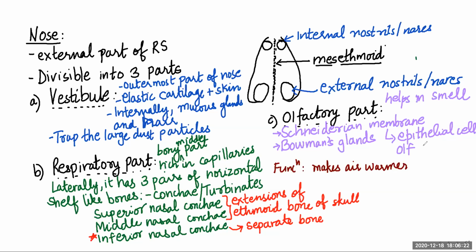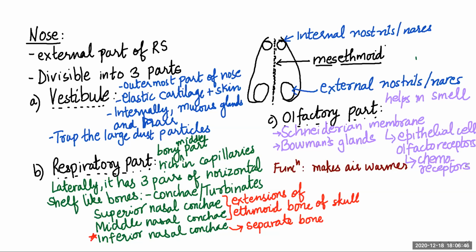So we call them olfactoreceptors. Now, olfactoreceptors, when I'm sensing smell, what am I actually sensing? I'm sensing chemicals in air. So, olfactoreceptors are nothing but chemoreceptors.